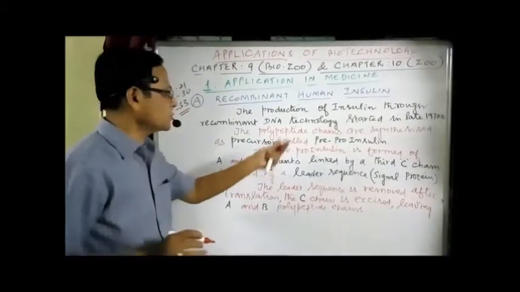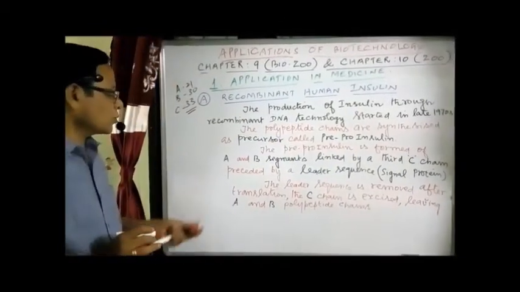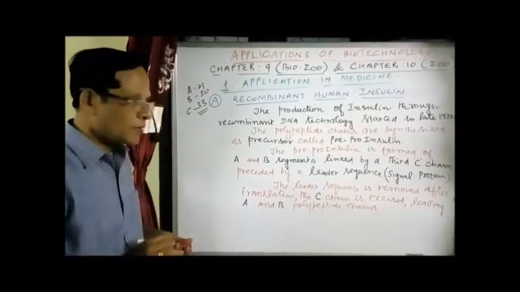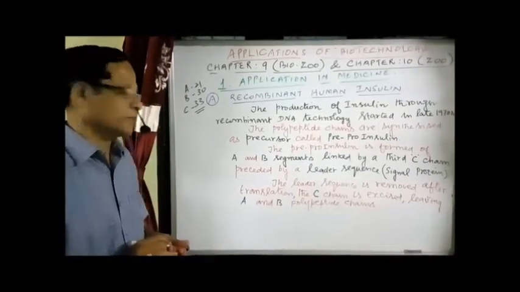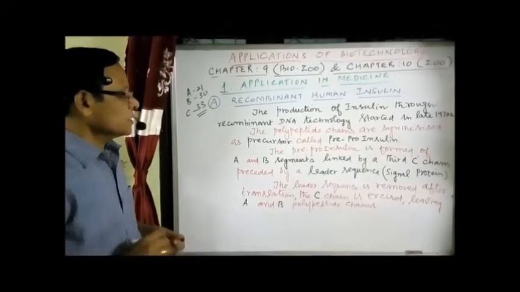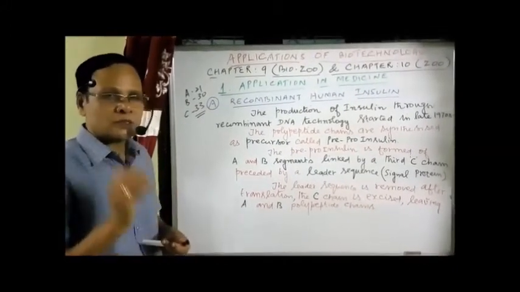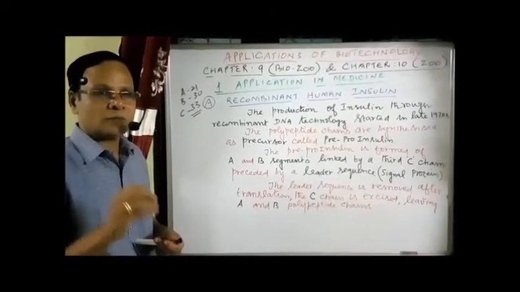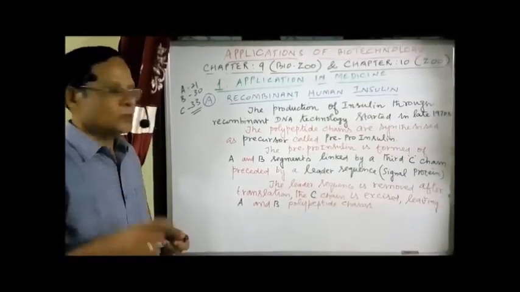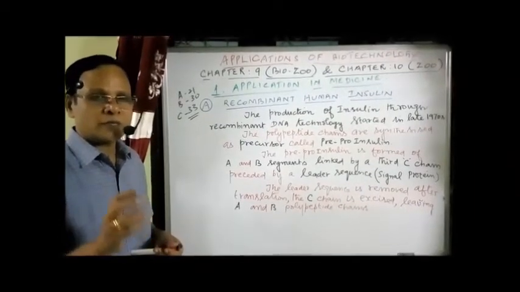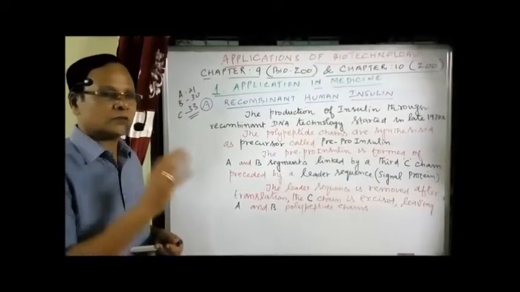The first one is pre-proinsulin. After the removal of the leader sequence, it is called proinsulin, having A and B plus C. Now the C chain is excised, removed, to form the insulin hormone with A and B chains only. So pre-proinsulin is formed of A, B, C chains plus leader sequence.